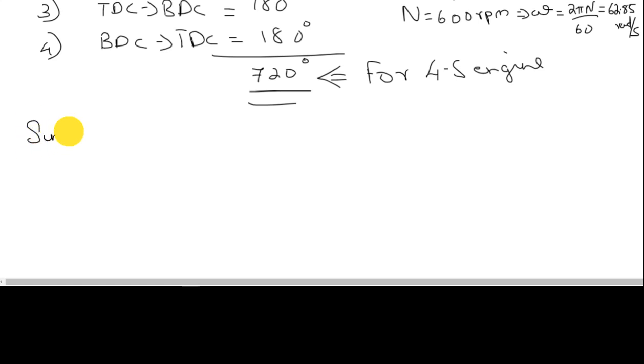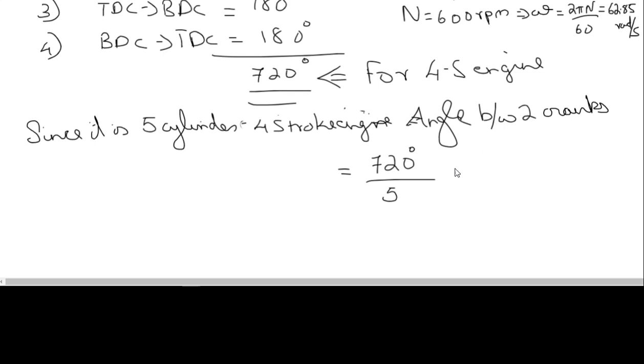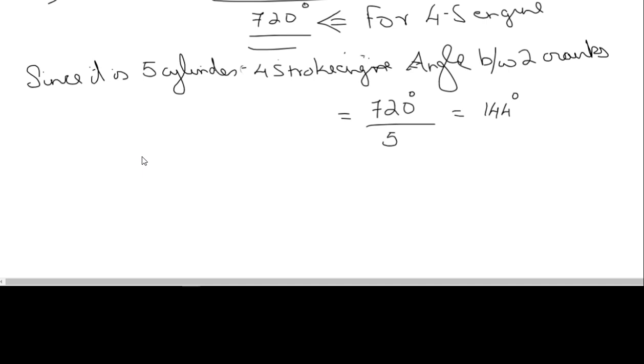For a five-cylinder four-stroke engine, the angle between two cranks will be the total angle travel of the four-stroke, 720, divided by the total number of cylinders, that is 5. So 720 divided by 5, you will get 144 degrees. So each crank will be at an angle of 144 degrees with each other.